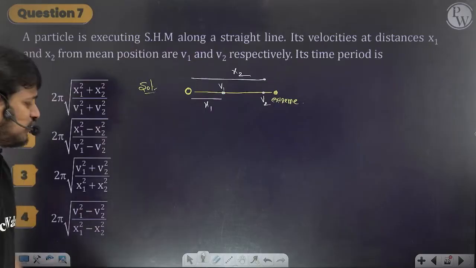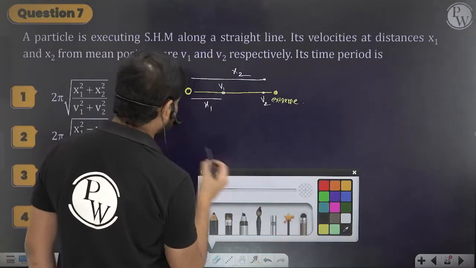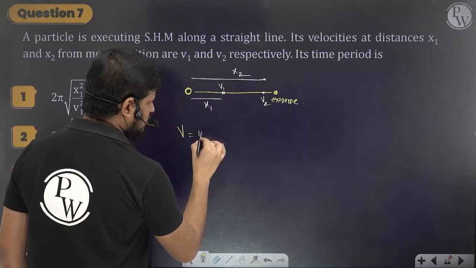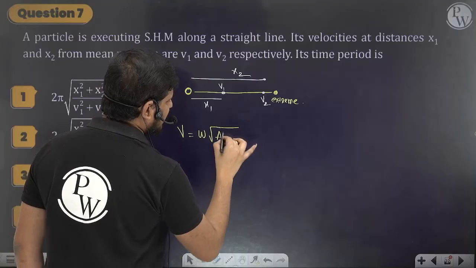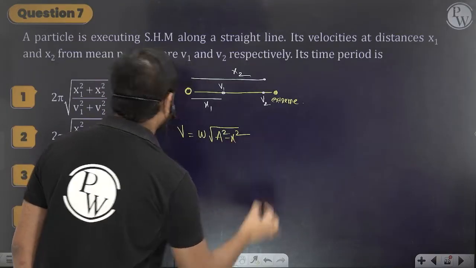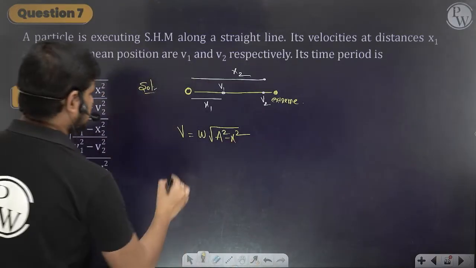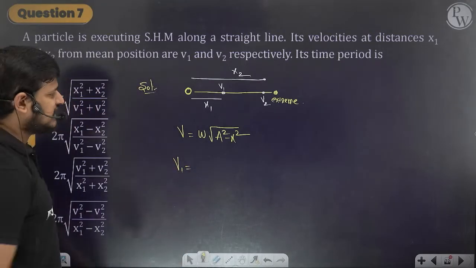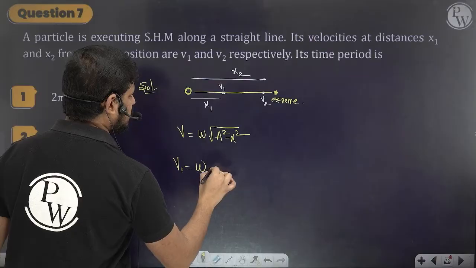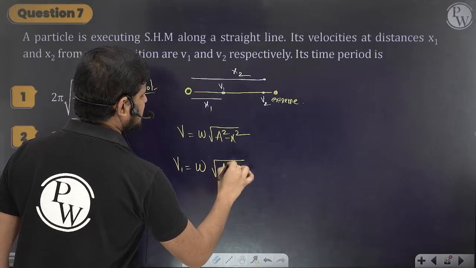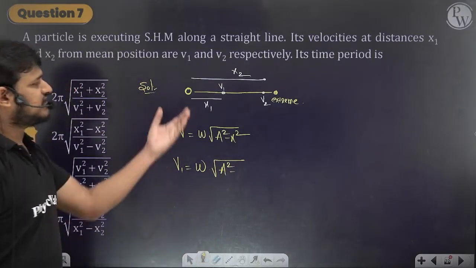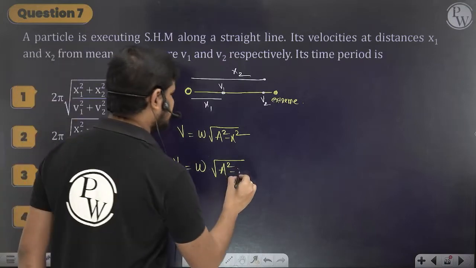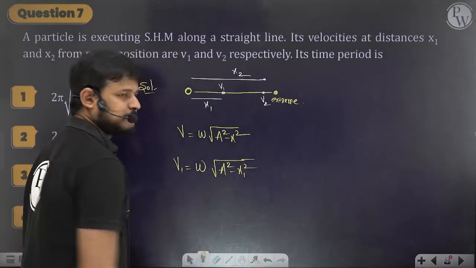Then we know the velocity formula: v is equal to omega into square root of a square minus x square. So here the velocity v1 will be equal to omega into square root of a square minus x1 square. The first displacement is x1, right?